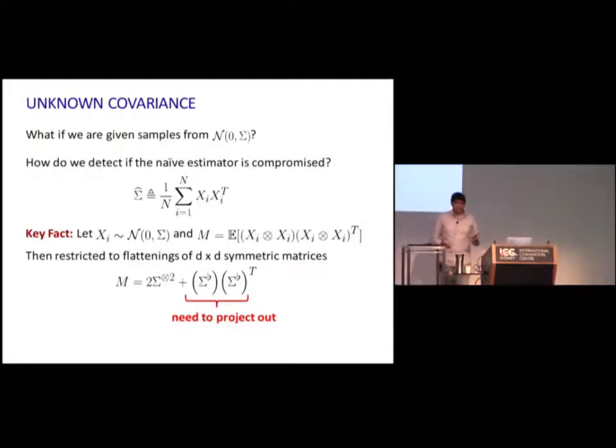But the key point is that if I think about this d squared by d squared matrix, sigma tensor sigma is something which doesn't have too large a spectral norm, but this other term has a much, much larger spectral norm.